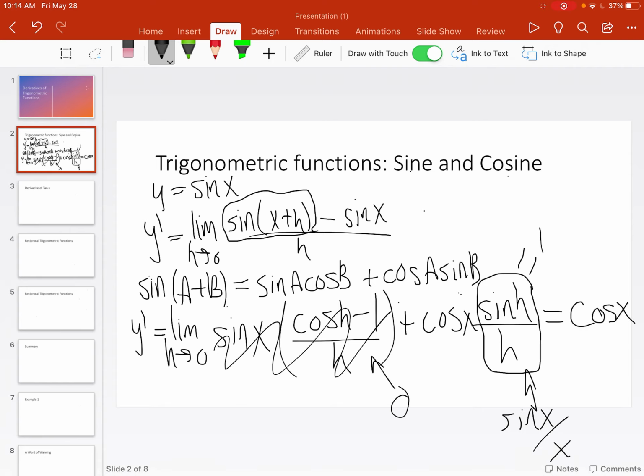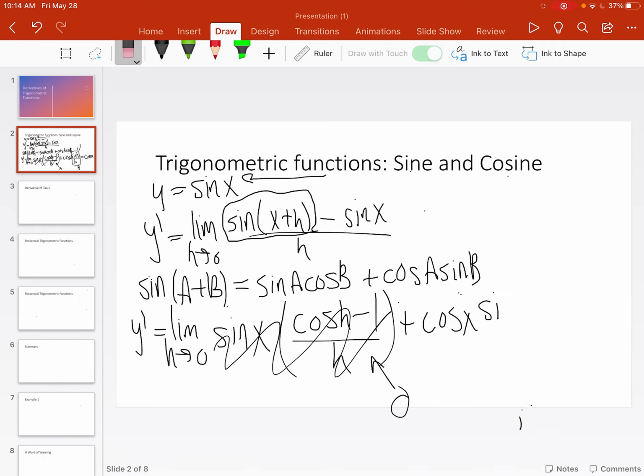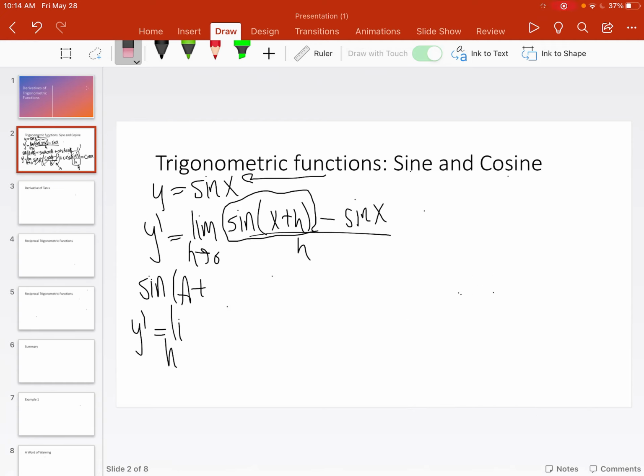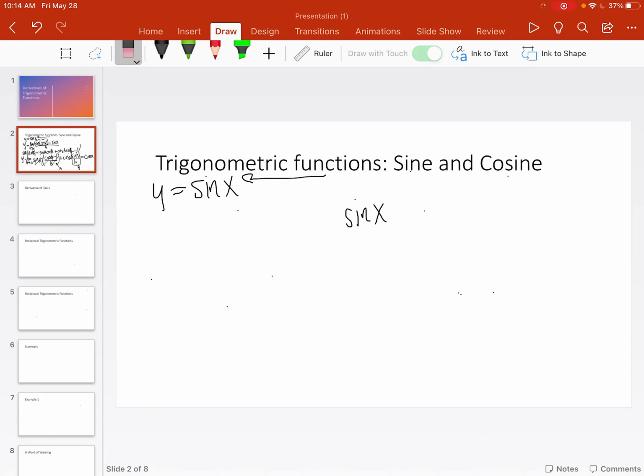We're just left with cosine x. So our derivative of sine x is cosine x. Surprise. I'm just going to erase all this. That's pretty convenient, I won't lie, that the derivative of sine x is cosine x.